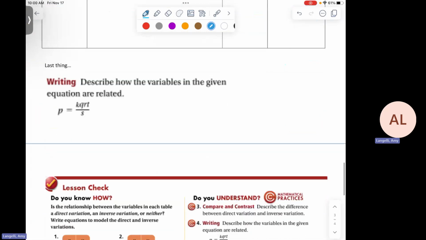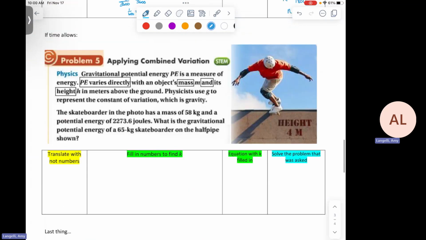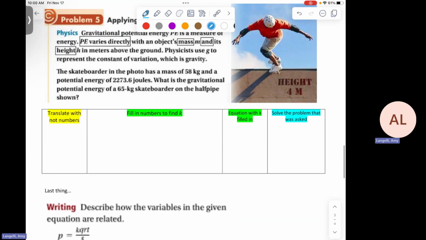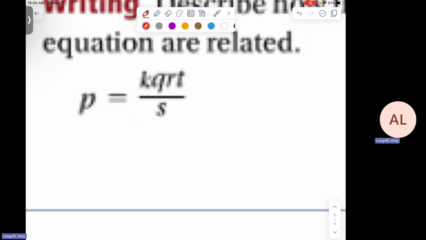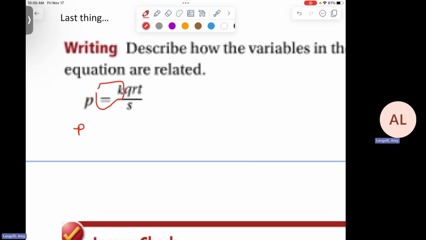The last thing I wanted to do, this is the same thing, but I just wanted to see if you could go backwards. What would the sentence be? P equals K, what does that mean? Yep, P varies, the product.